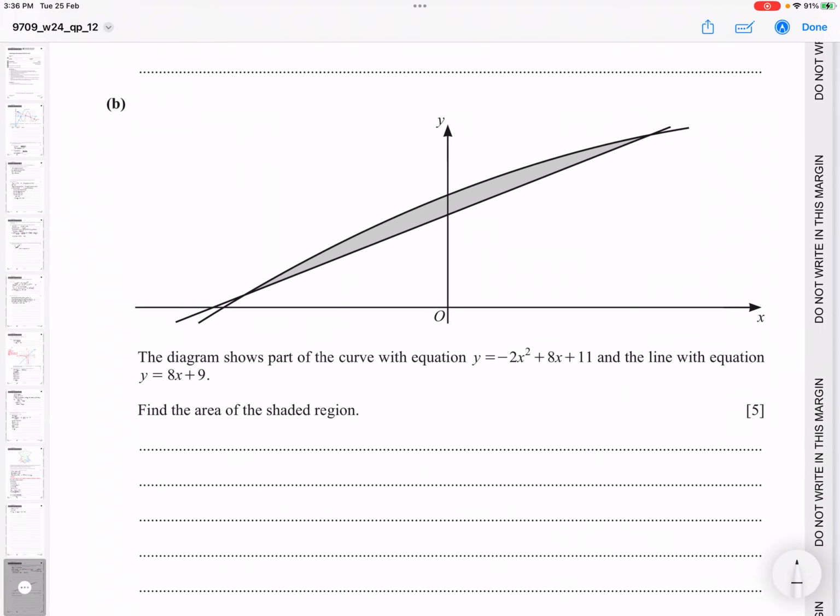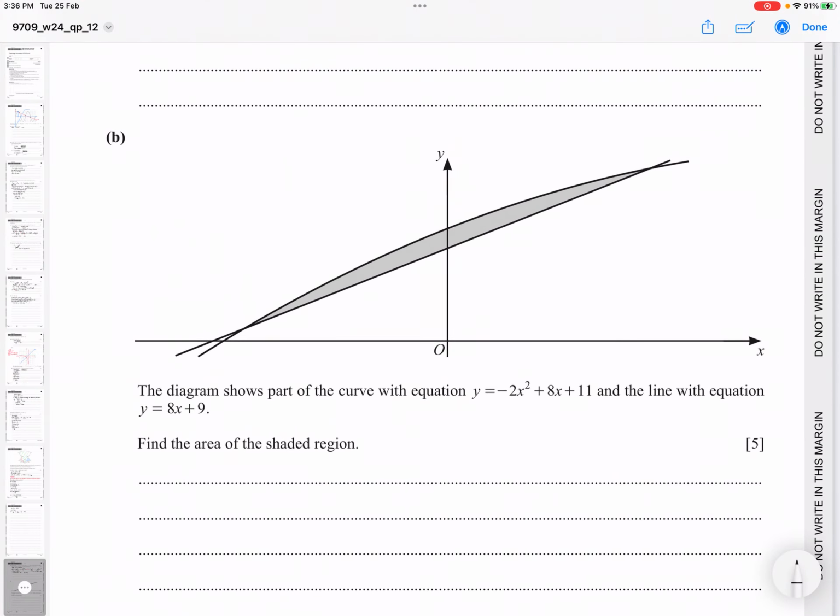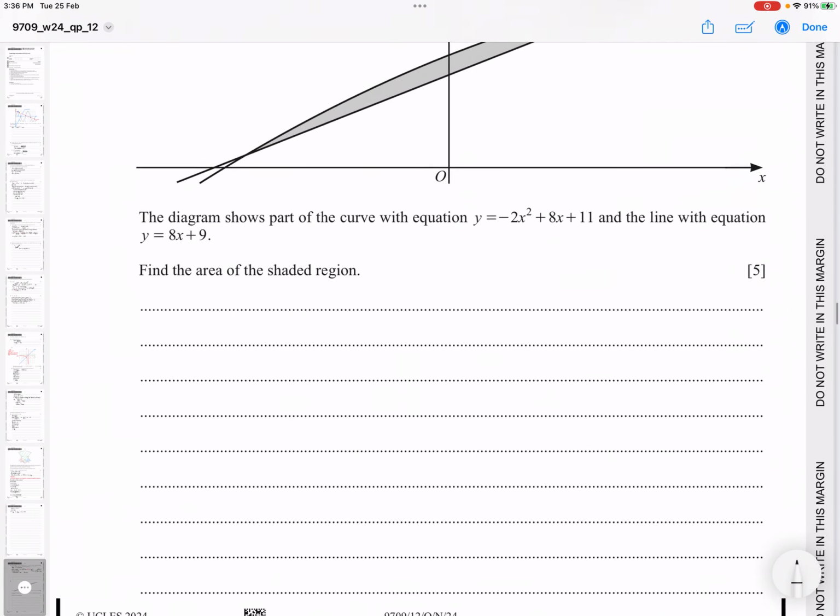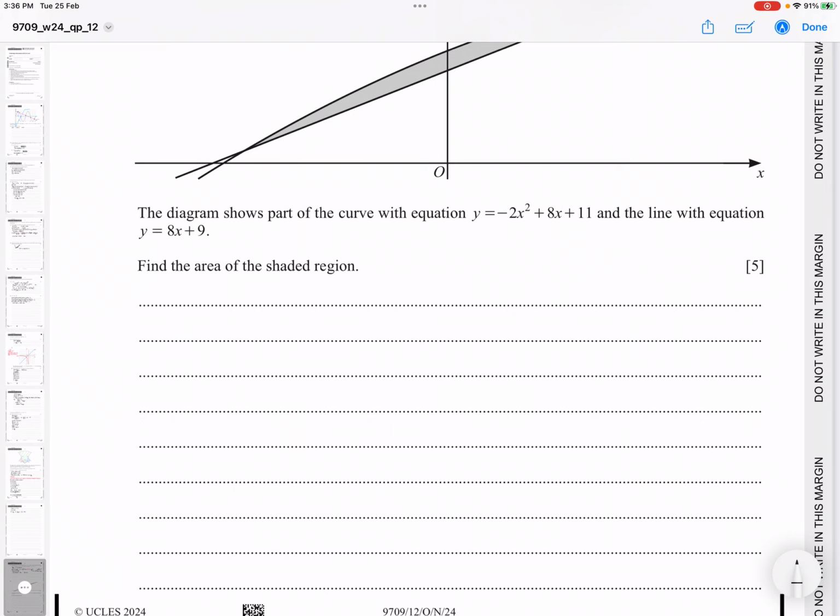Okay, now in part B, we have to find the area of the shaded region. First find the x coordinate of the points of intersection of the line and the curve by equating the equations. So minus 2x squared plus 8x plus 11 equals 8x plus 9.